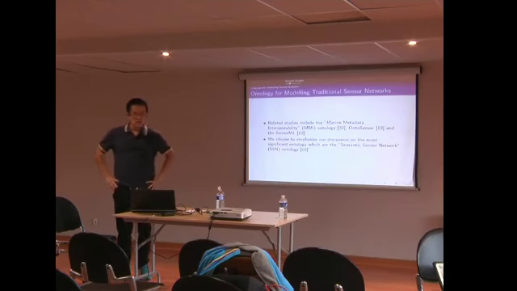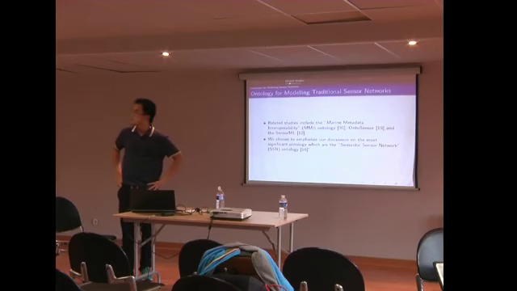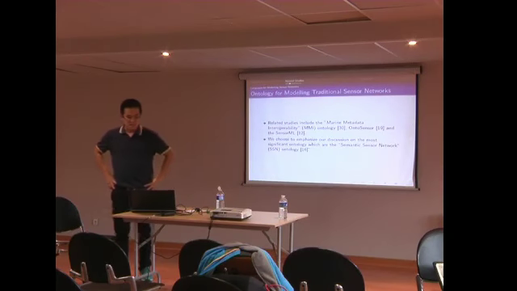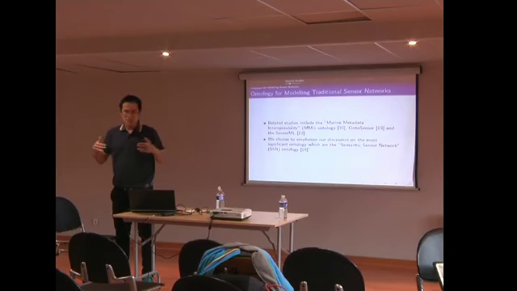The first group is ontologies for modeling traditional sensor networks. There are several, for example, Marine Metadata Interoperability, OntoSensor, or SensorML, the Sensor Markup Language. But we choose to emphasize only one ontology because it's currently the best one.